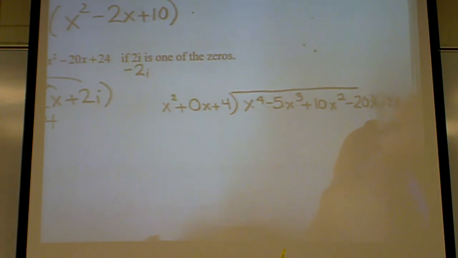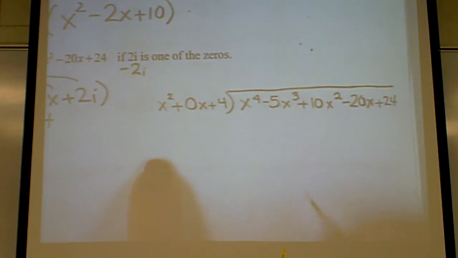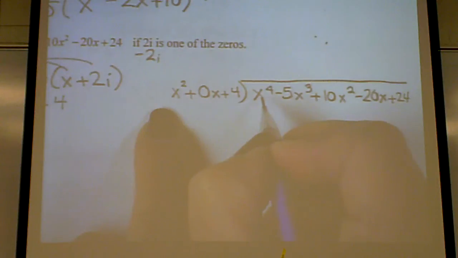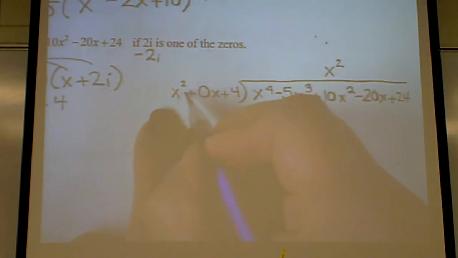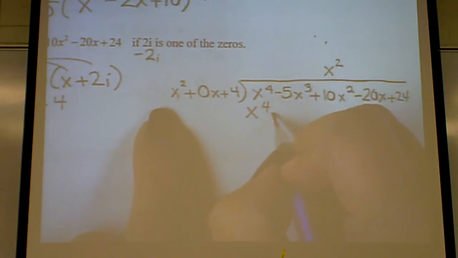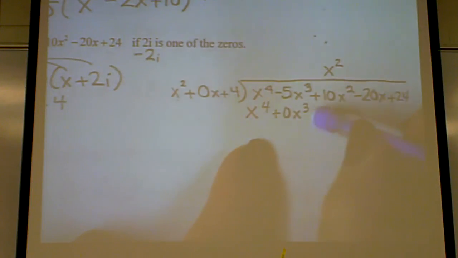So quickly, we're masters at this now. What do we want to do? We want to get rid of this x to the 4th. So x squared times x squared is x to the 4th. We're going to multiply these 3. So x to the 4th, 0x cubed, and 4x squared.